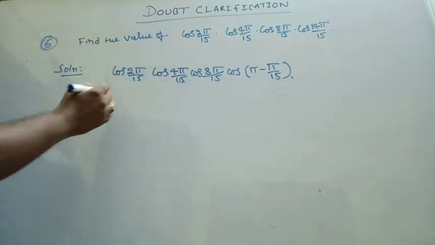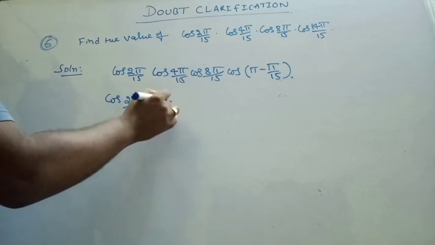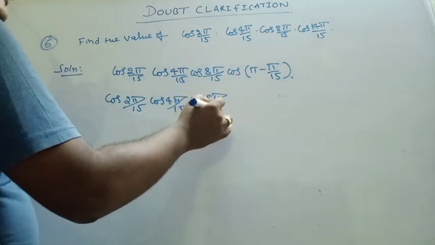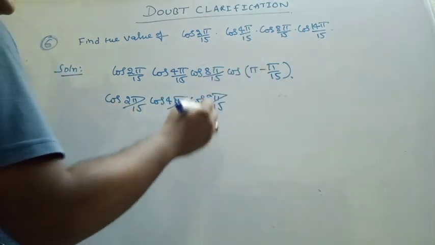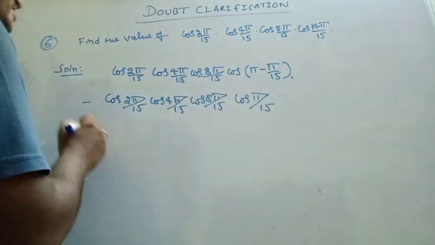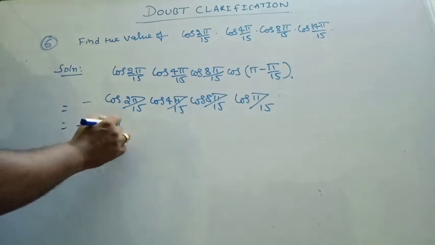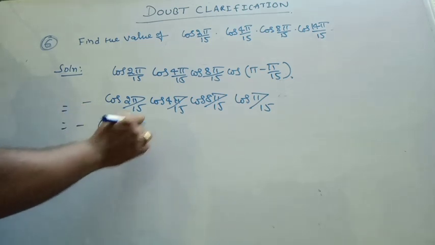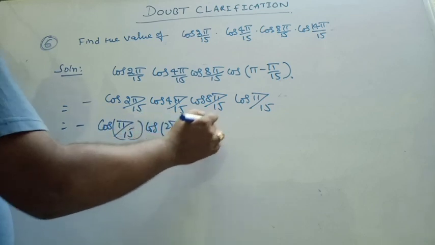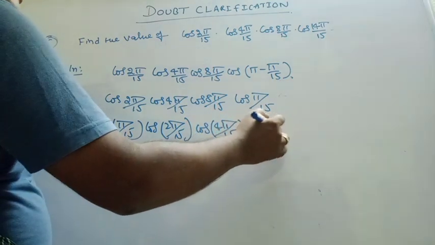Now this reduces to cos 2 pi by 15, cos 4 pi by 15, cos 8 pi by 15, and cos of 180 minus theta is minus cos theta. Therefore, minus cos pi by 15. This equals minus cos pi by 15 into cos 2 pi by 15 into cos 4 pi by 15 into cos 8 pi by 15.